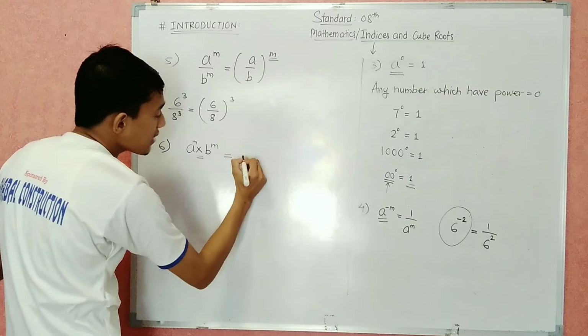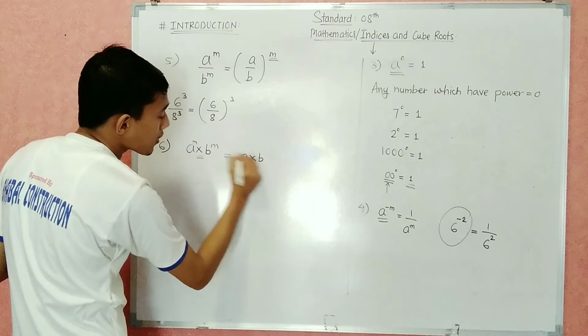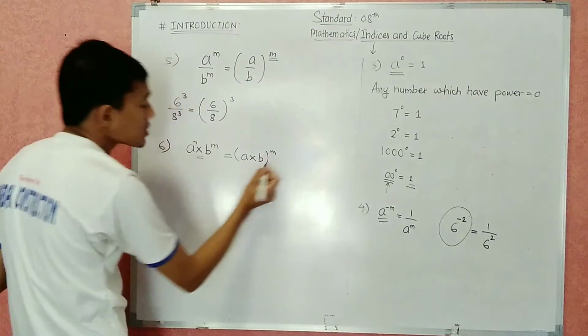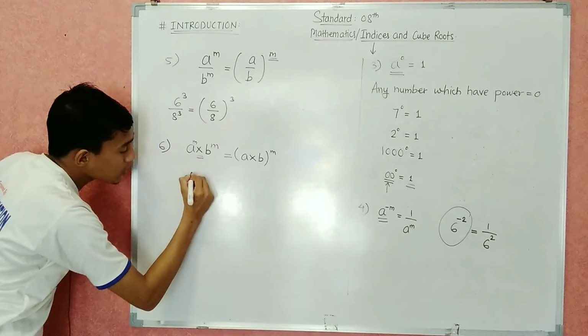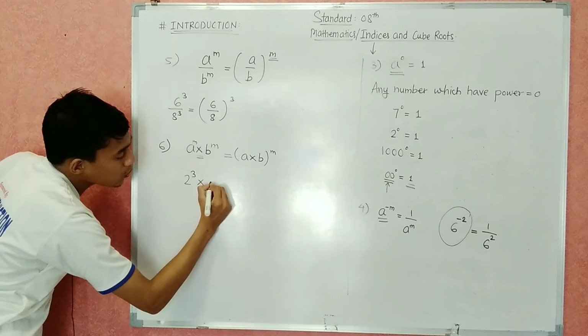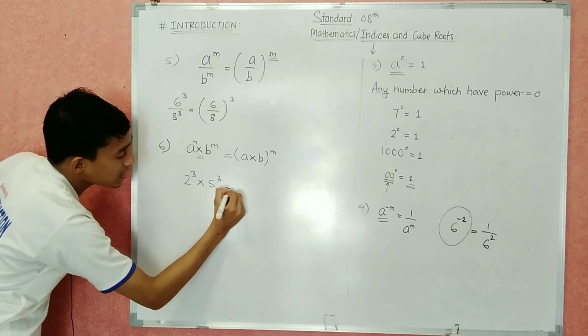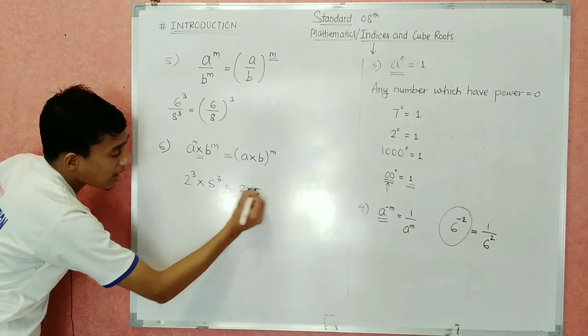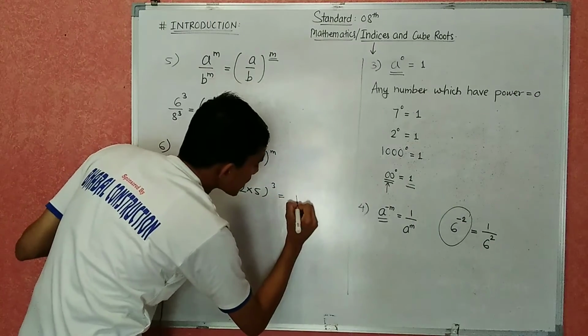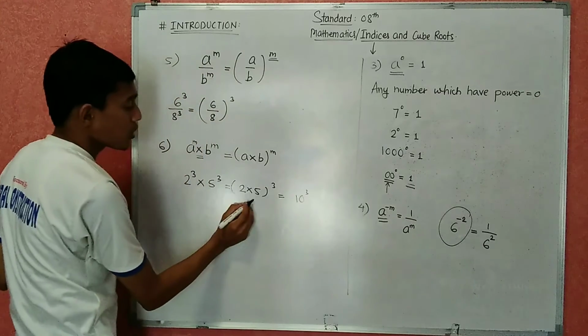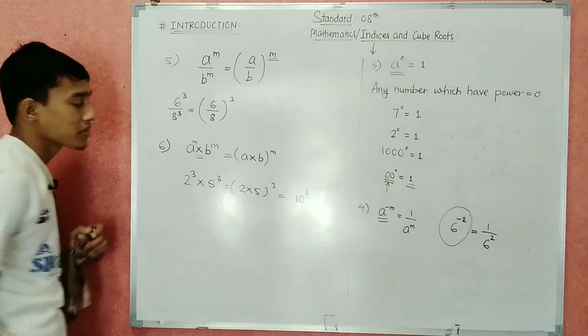So again we can take the power as common. So I have written a into b raised to m. For example, 2 raised to 3 into 5 raised to 3 will give us 2 into 5 raised to 3, and we can further simplify it as 10 raised to 3. So 2 into 5 is 10, so 10 raised to 3.